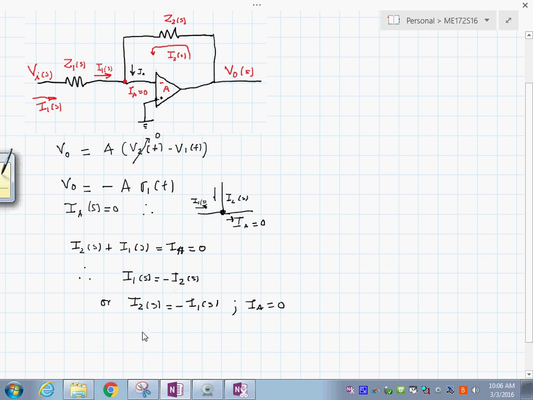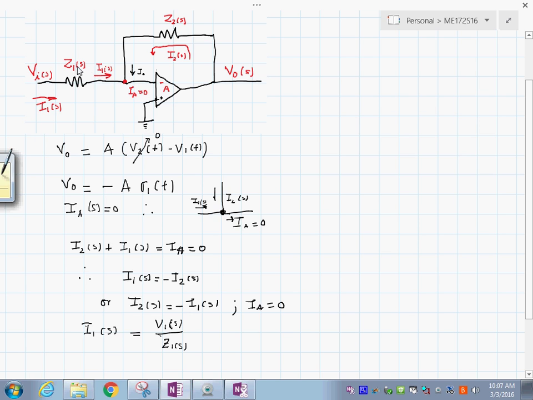This I1 is V over Z sub 1. Okay, over the impedance. So we are still using this concept like V is equal to R times I, and from here this is the impedance, so you could say that V is I times R.